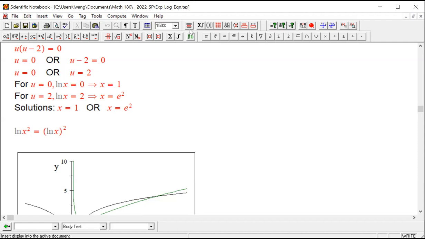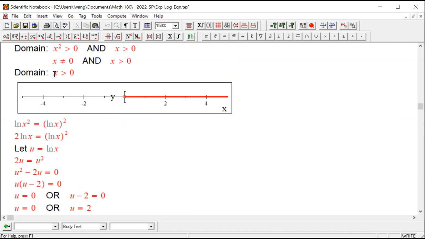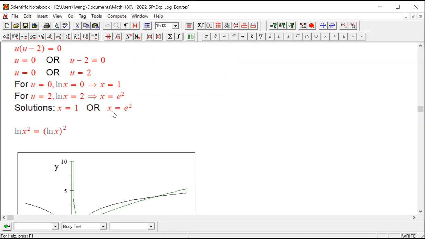Because they both are in the domain, don't get confused. Okay, so for x equals to 1, what is the output? The output is 0, right? So this is 1 and this is 1, so that output is 0.